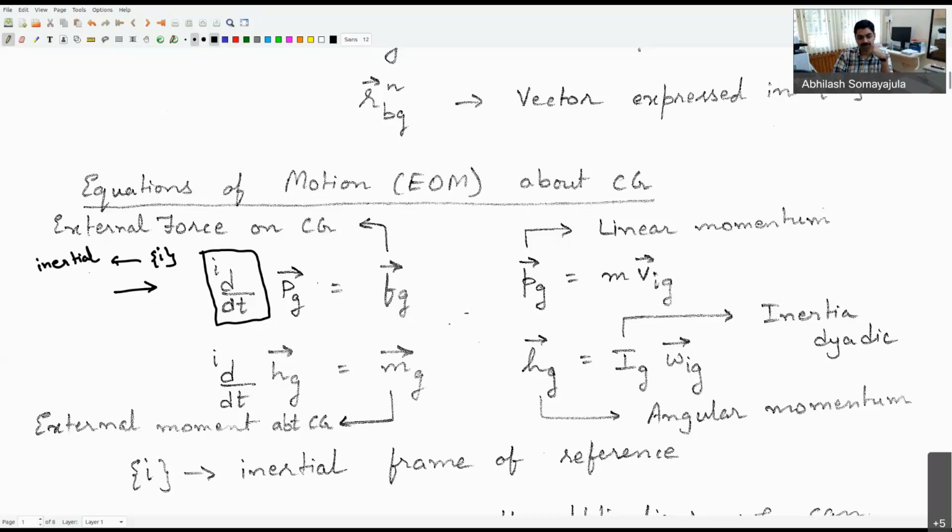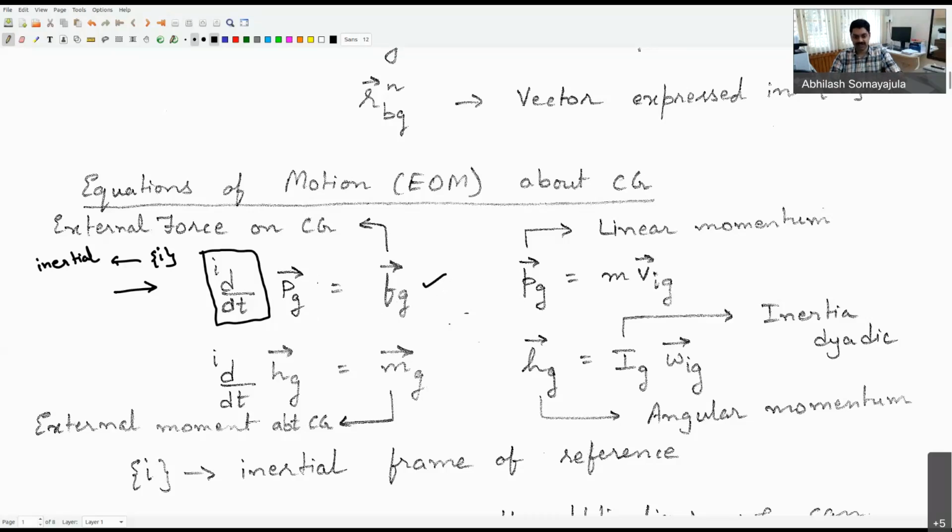We know that Newton's laws are primarily applicable in an inertial frame. So in an inertial frame, I can write down that the rate of change of the linear momentum, which is P, about the center of gravity is equal to the force applied at the center of gravity. Is this making sense so far? The first equation right here.